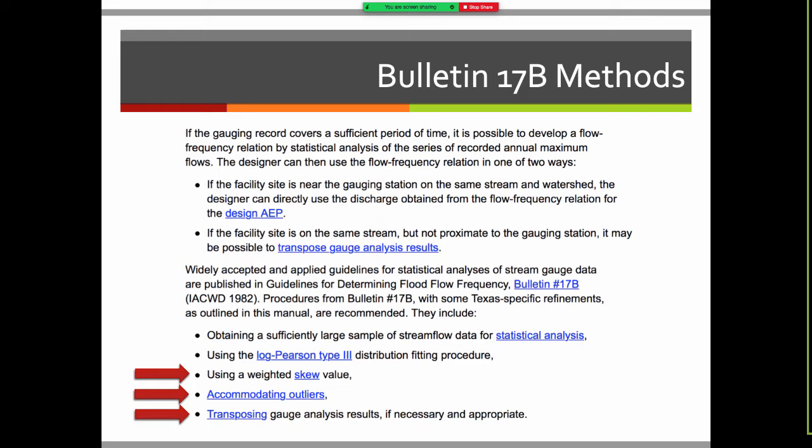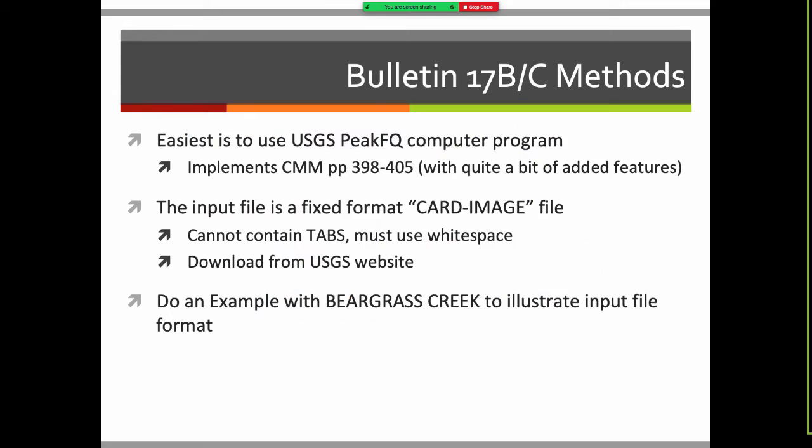The three arrows on this slide are largely what Bulletin 17C was created to do, which was to provide a way to use weighted or regional skew values. The accommodating outliers, more or less, we can put the nail in that coffin and consider it done in 17C, and then transposing.